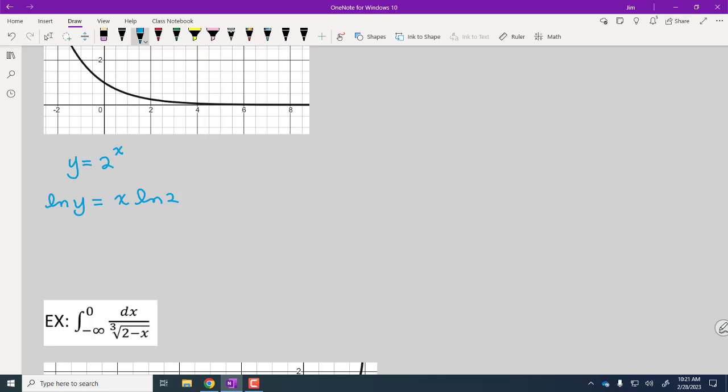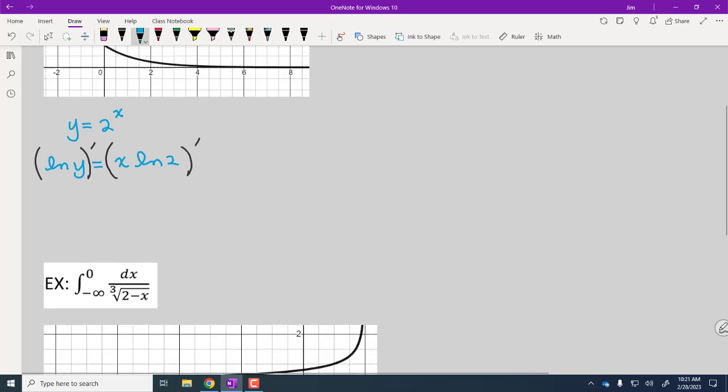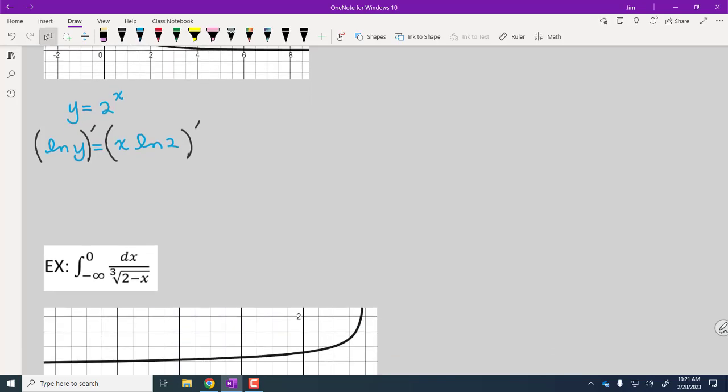So at this stage, now we're going to take the derivative of both sides. The derivative of the left side, it's a log, so it's 1 over the inside multiplied by the derivative of the inside. Well, the derivative of y is called y prime.